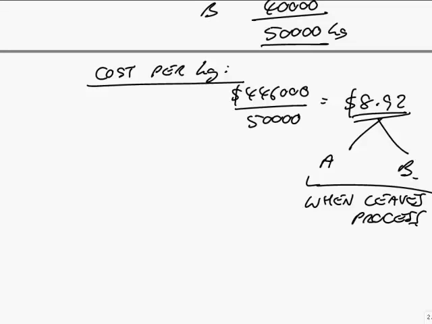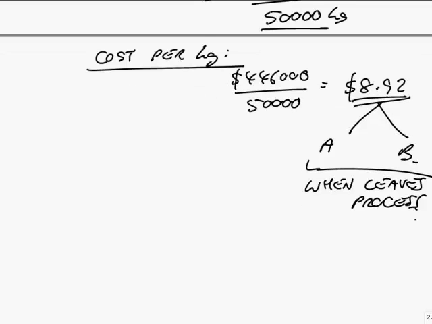Because there is one extra bit in this question which hasn't affected our costing so far, but when it comes out of the joint process, they're 8.92 a kilo each. But if you look at the last line of the question, product A needs an extra $3 a kilo to be spent on it before it's ready for sale.